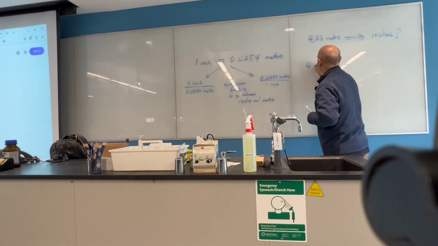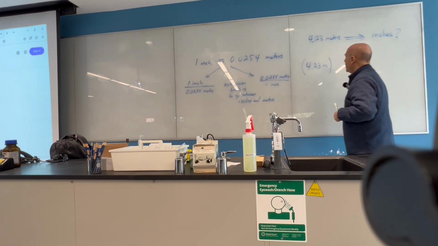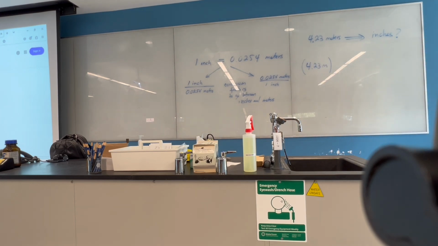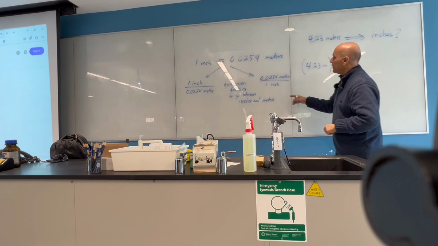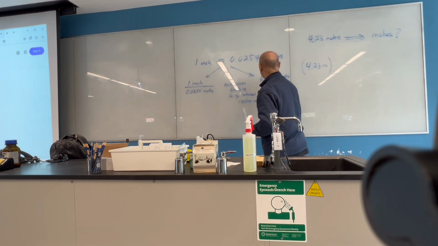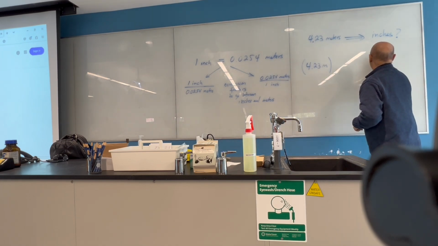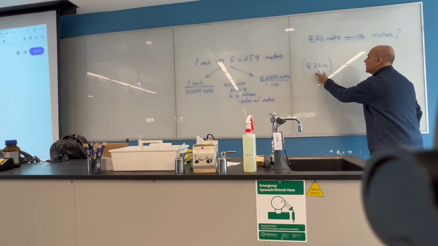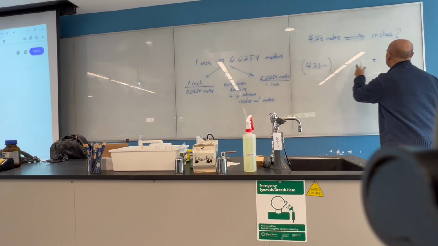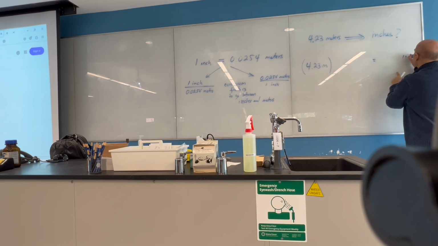So you have 4.23 meters. And then you're going to multiply that number. And I'm using the word multiply on purpose by one of these two. You need to choose wisely. Which one do you choose? Well, you choose the one that, when multiplied by that, leaves you with the units that you want, leaves you with inch.